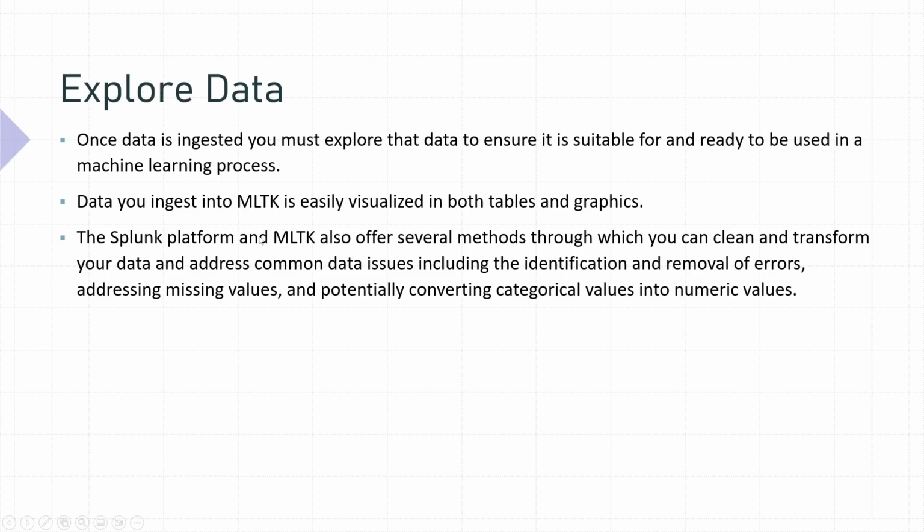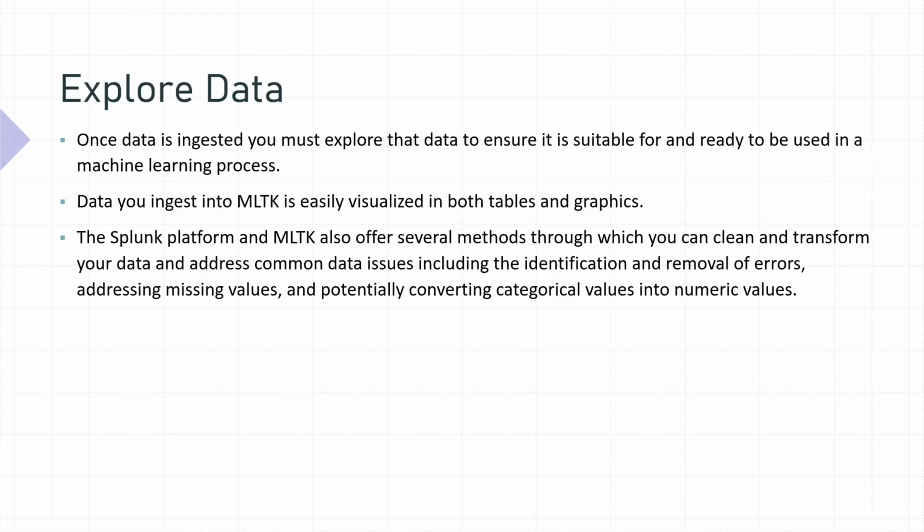Other things, Splunk Platform and MLTK offer several methods that you can use to clean and transform your data to address many of these issues. I've kept talking about converting a lot of categorical values into numeric values. The more categorical values you create that are non-numeric, you get into some serious computing issues. Machine learning models, these mathematical formulas, they're math.